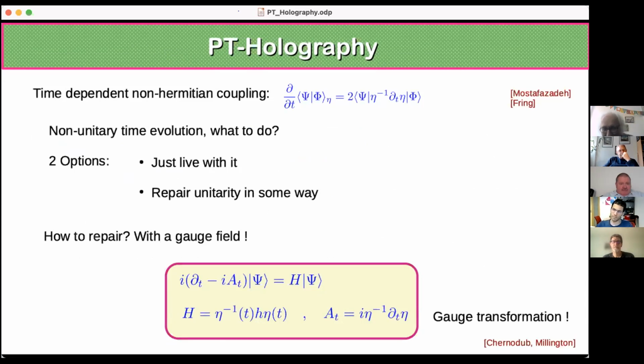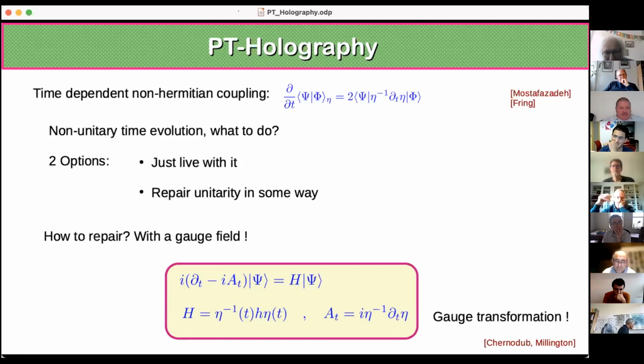And the core of the problem is that you normally work in the formalism with time-independent eta. And this means that you have a sort of analog of the Schrödinger picture, where the wave function is time-dependent and the operators of observables are time-independent.